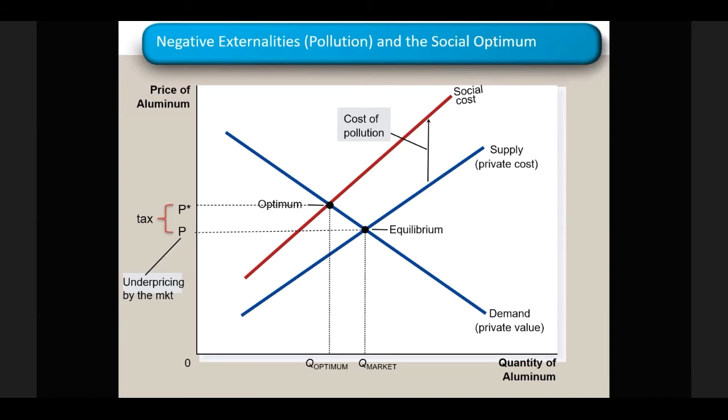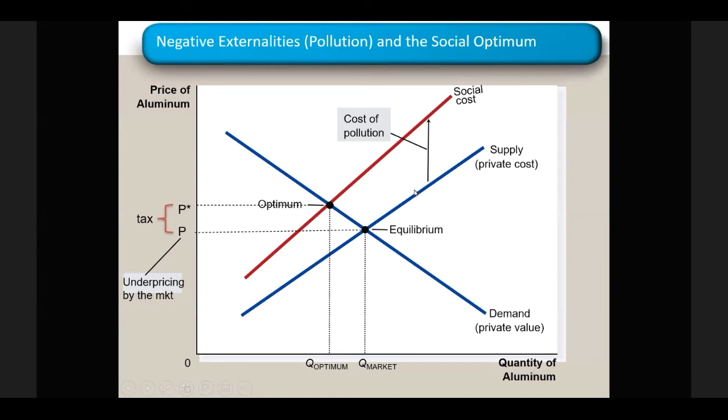So the difference between P star and P becomes a tax that can be levied by government so that the firm is forced to produce the socially optimal level of output here. If you grant this margin here as a tax, it will move the private cost function straight to join up with the social marginal cost.